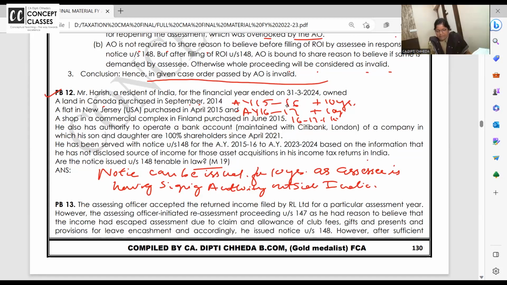He can be issued notice, but 10 years से पुराना केस तो नहीं open होगा. That's what is the answer.